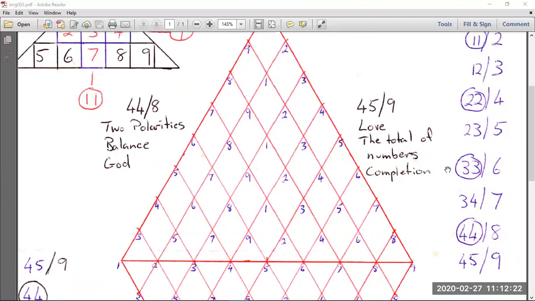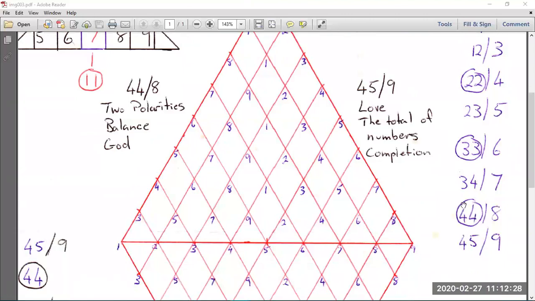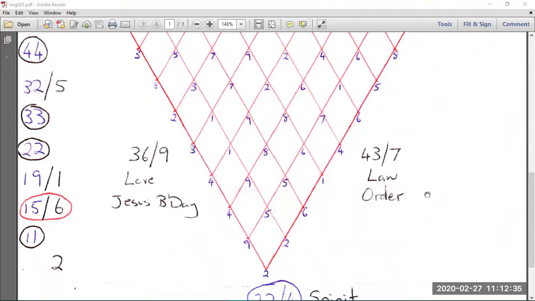Curiously, they all add up to where there can be a master number in the correct sequence, in the correct order. This is all in order. And here, 34-7, here again, number of destiny, 34. And here, this line here adds up to 43-7. And incidentally, which I'll show you soon, this is my birth number. 43-7 is my birth number.